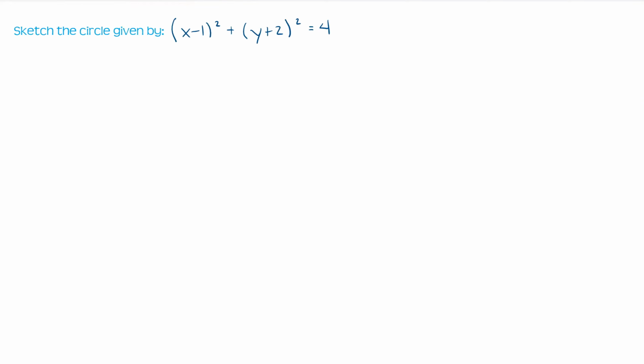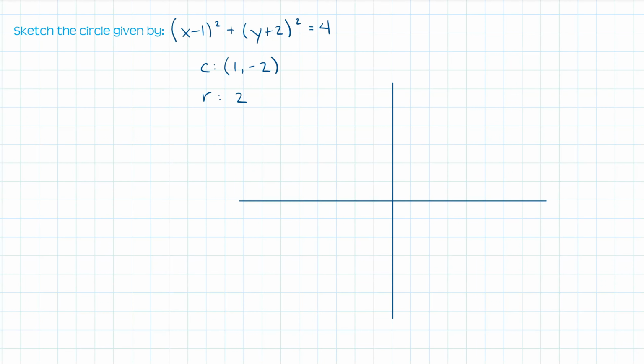Now for our last problem, try this. Let's sketch the circle given by x minus 1 squared plus y plus 2 squared equals 4. We can look at it and see that the center is +1, -2, opposite, and the radius is 2. It's the square root of the number that you see. So now I'm going to sketch my center at 1, -2, and I'm going to label it 1, -2.